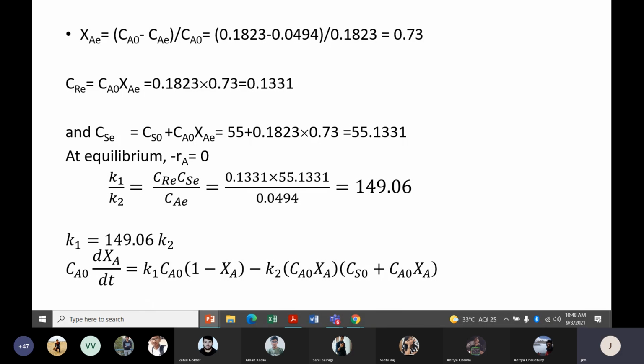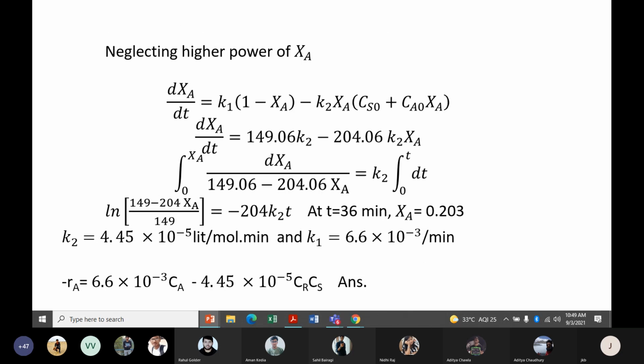That is CA0 dXA/dt equals K1 CA0 (1 minus XA) minus K2 CA0 XA multiplied by concentration of CS. Okay. Then there is slight approximation, neglecting higher power so that integration will be easy.